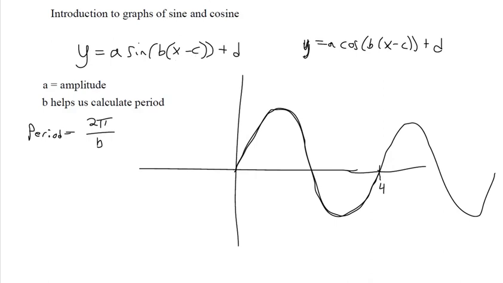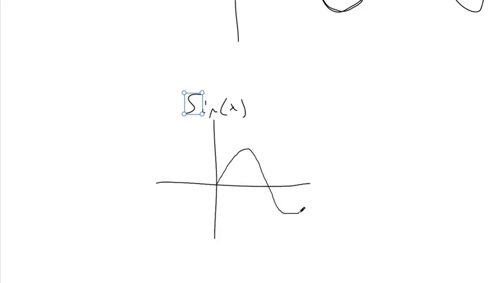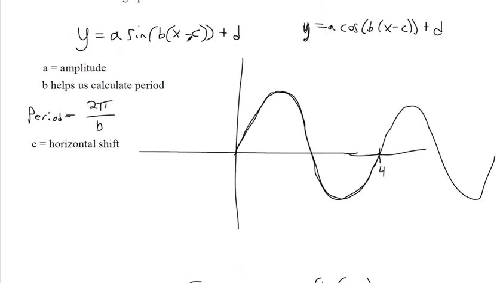C is a horizontal shift. So normally the graph of sine of x looks like this. Not just normally, all the time. Sine of x looks like this. But if we do sine of x minus 1, I've got it in this form because I'm doing minus my c.